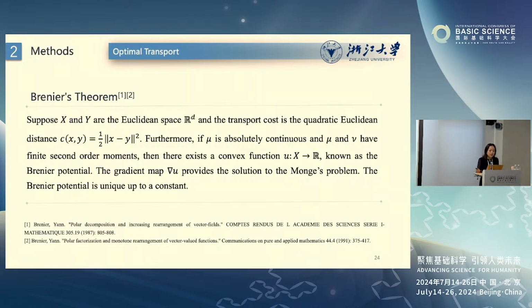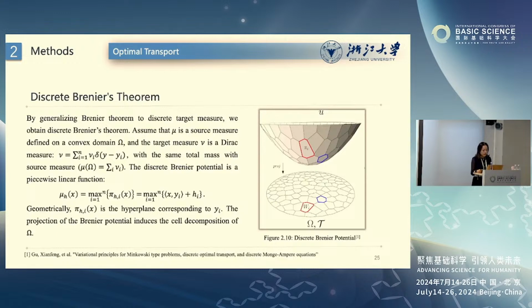So the Brunner unique to which which is as the discrete the Brunner.